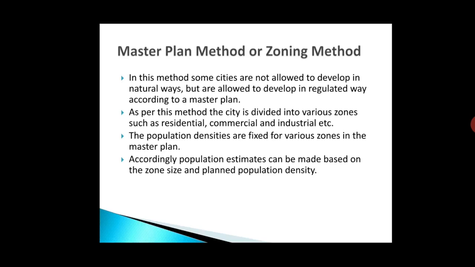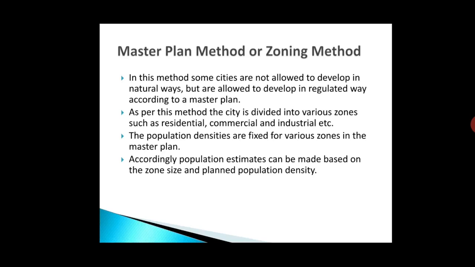The master plan prepared for a city divides the city into various zones and separates the residential, commercial and industrial zones from each other. And the population densities are also fixed in this method.